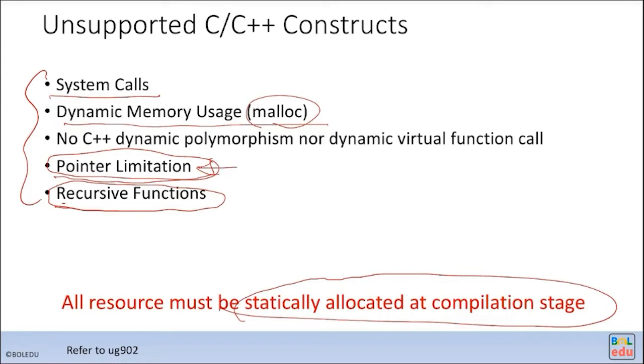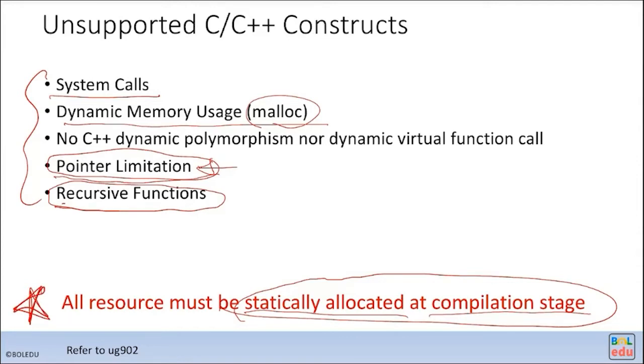For example, a recursive function cannot be supported because the level of function calls is data dependent, and the data is runtime data. If it cannot be statically allocated at the compiler stage, then it cannot be supported by HLS. That's the rule of thumb.